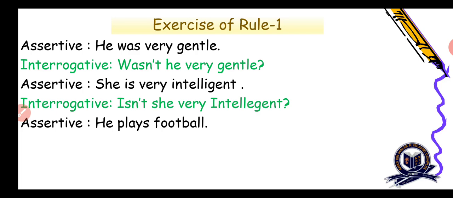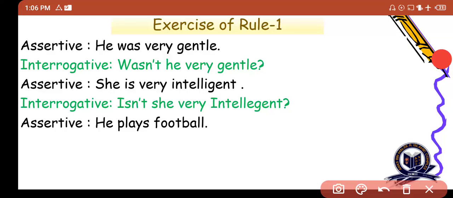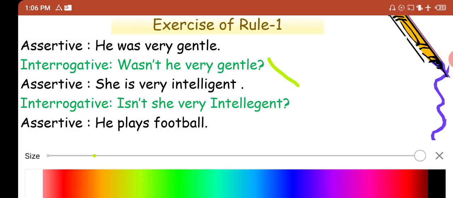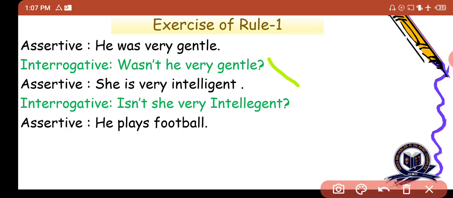So we have to put a new auxiliary verb according to the state of the verb. Okay, so let's see. We can add 1 out of 3.